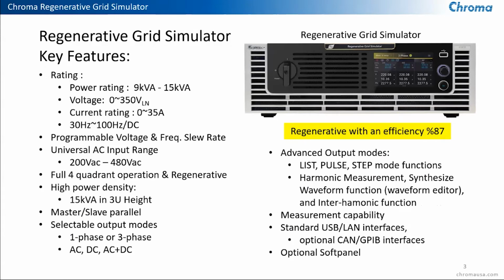Okay, so let's get started with a brief overview of the key features of this new regenerative grid simulator family. The family has 3 different models ranging from 9 to 15 kVA, 0 to 350 volts, 0 to 35 amps, 30 to 100 hertz, and you're also able to vary the slew rate for voltage and frequency.